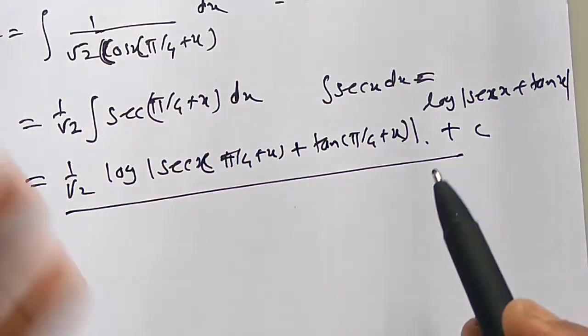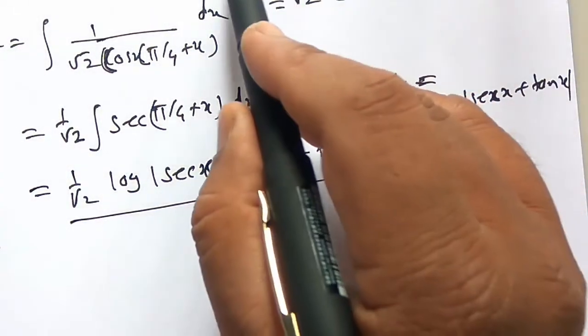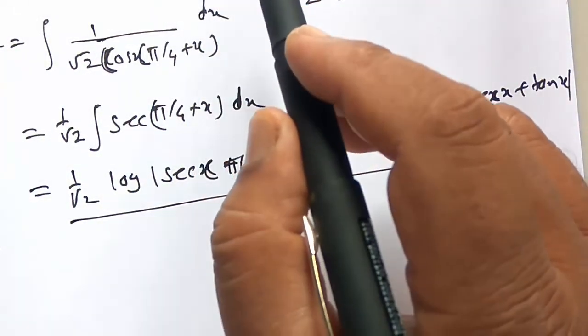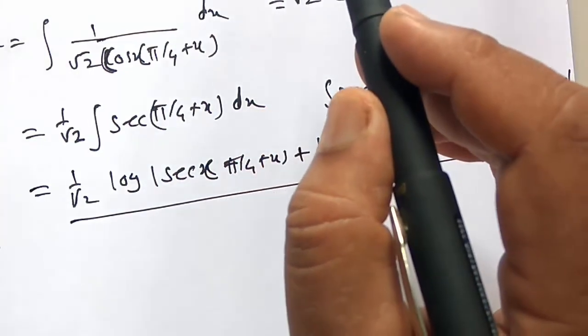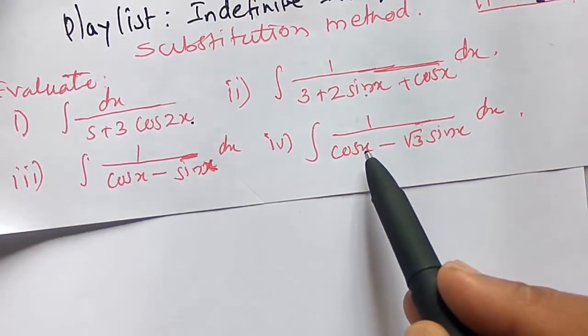So this alternative method is very easy. For that you should know the formulas, cos minus cos, sin minus sin, cos minus sin, like this. The next example is left to you as an exercise.